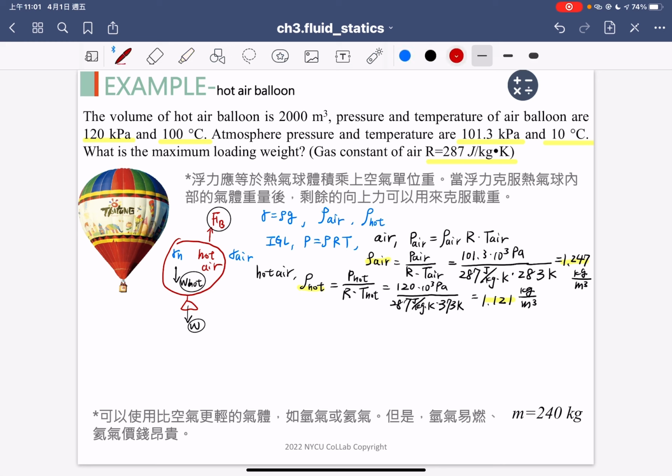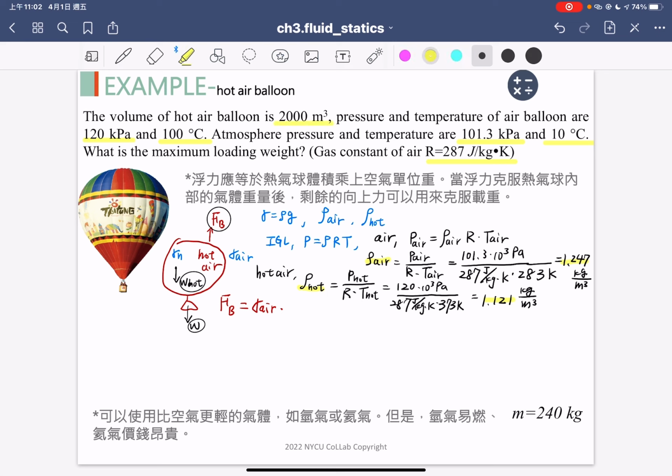The first one, we need to compute the buoyancy force FB. As I mentioned, the buoyancy force is related to the gamma of the environment gas, which is the air, so I use gamma air, and multiply the displaced volume, the volume of the ball.